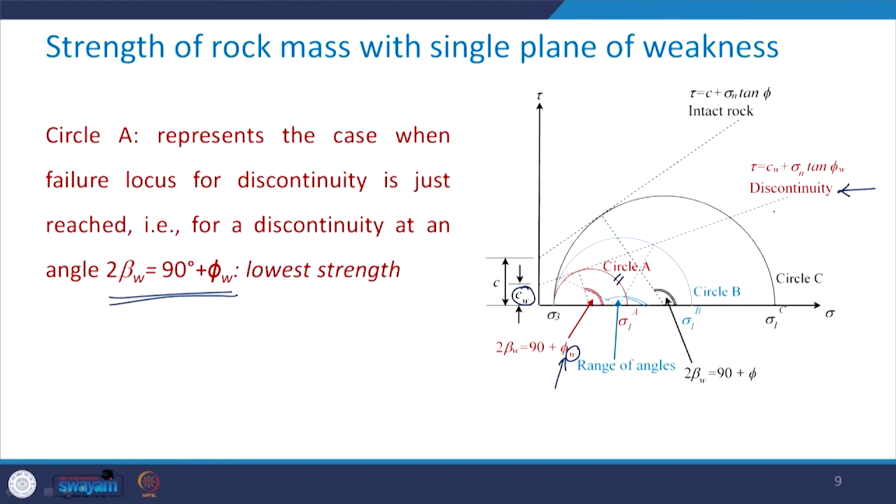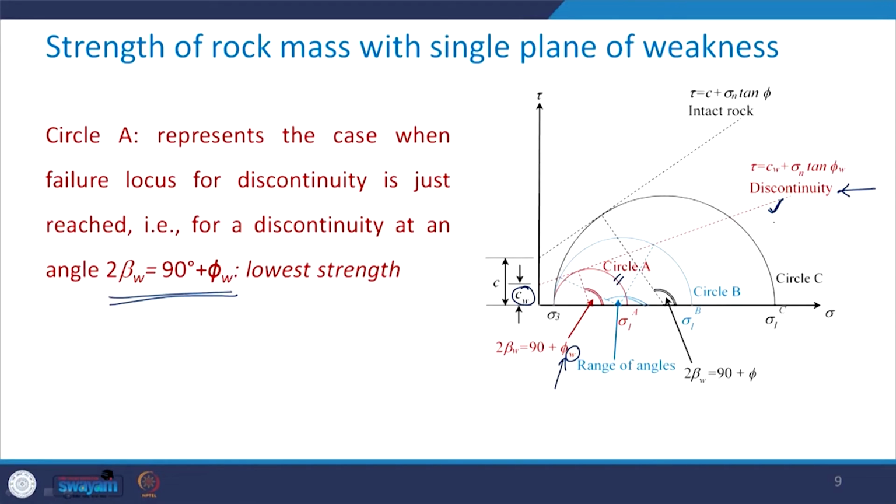So this is going to give us the failure locus for the condition when the state of stress just reaches the discontinuity.